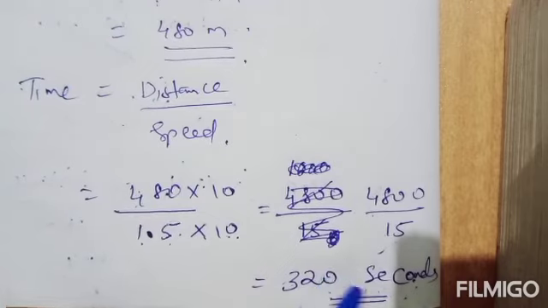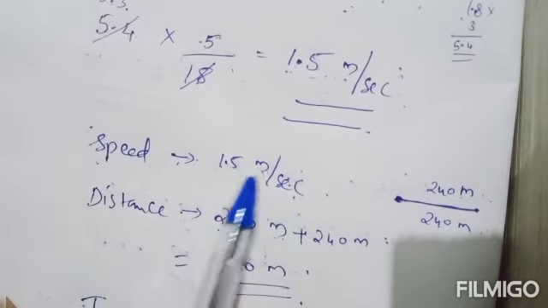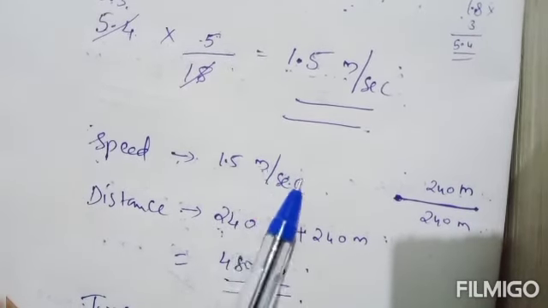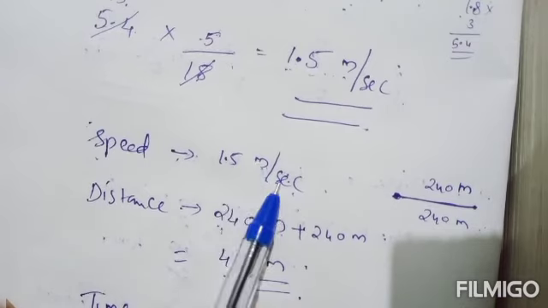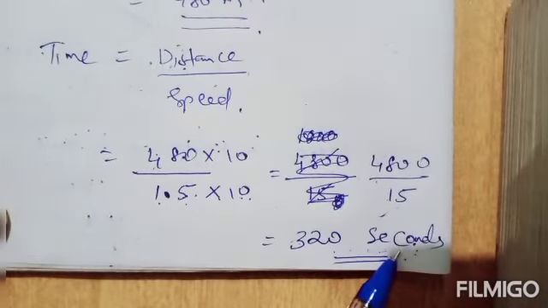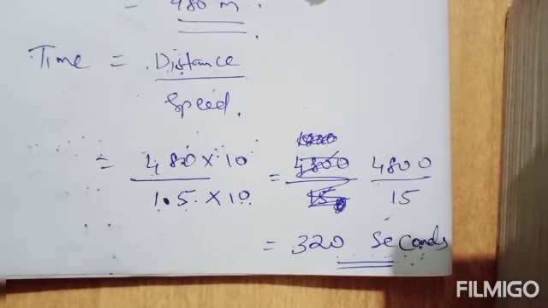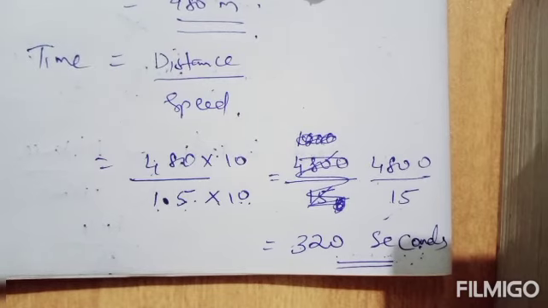Now the unit will be seconds, 320 seconds, because the speed we found is 1.5 meter per second. The unit of speed is meter per second, which means the unit of time will be second. Now this 320 we can convert to minutes and seconds.